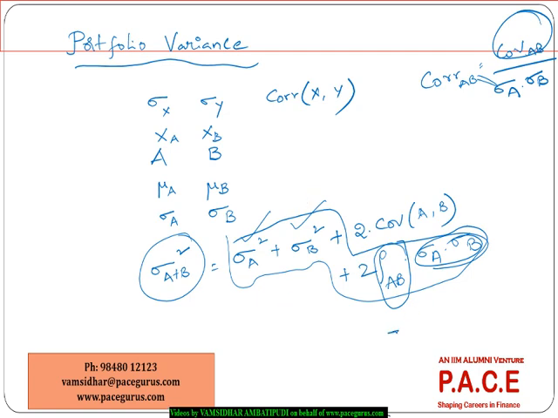So if it is -1, probably my overall variance is coming down. And if it is +1, it looks like the overall variance is actually going up. Right? So if the correlation between A and B is positive, the overall variance is higher compared to when the correlation is negative.